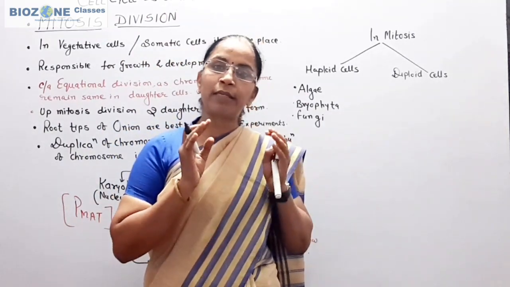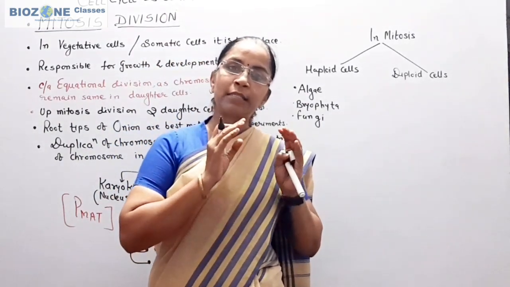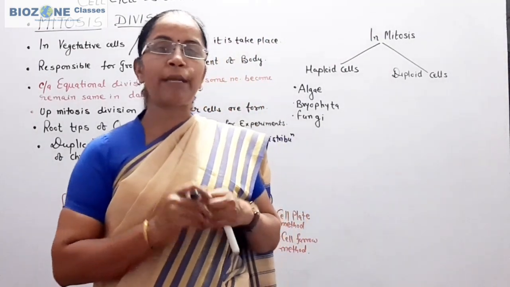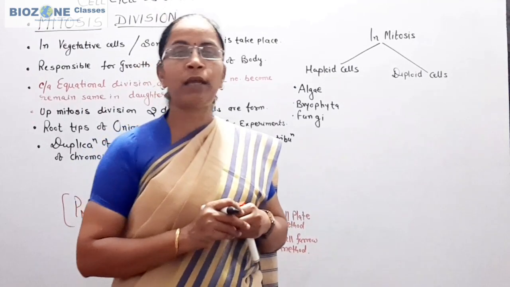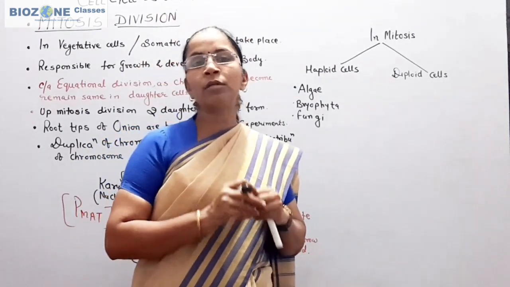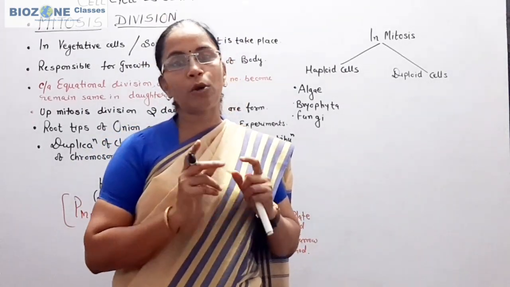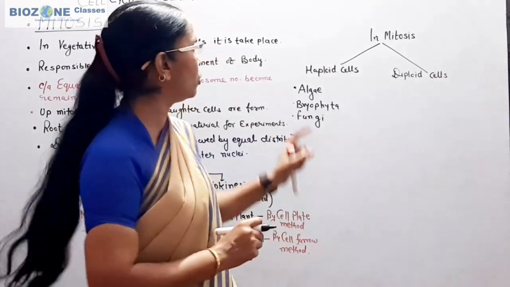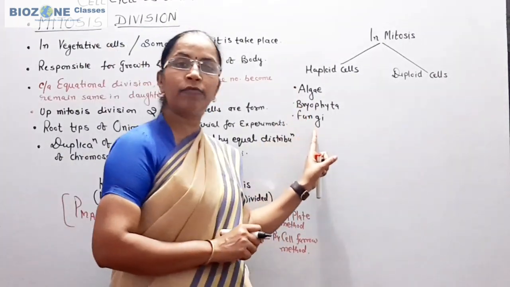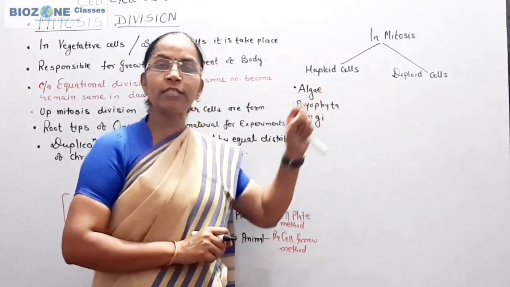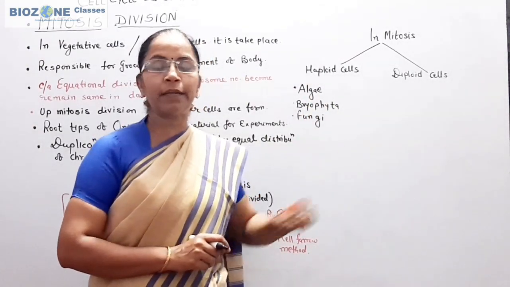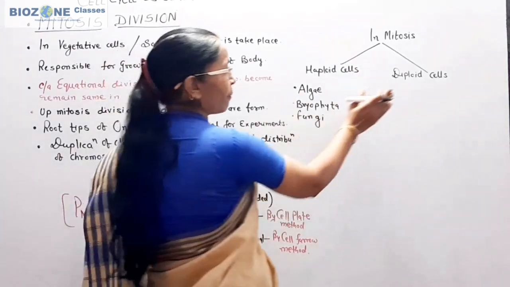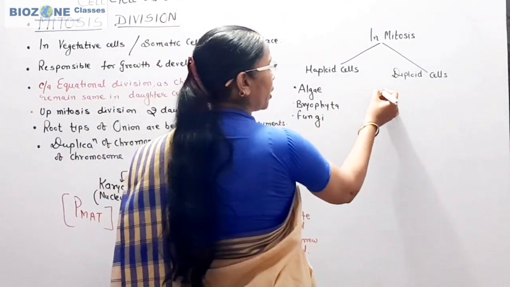That means the body is diploid. And when this diploid body undergoes gametogenesis या gamete formation के process में जाते हैं, diploid organisms form the gamete by meiosis division. But haploid cells or haploid individual, that is algae, bryophyta and fungi, always form the gamete by the simple division, that is the mitosis division. So this you remember for haploid cells and the diploid cells.